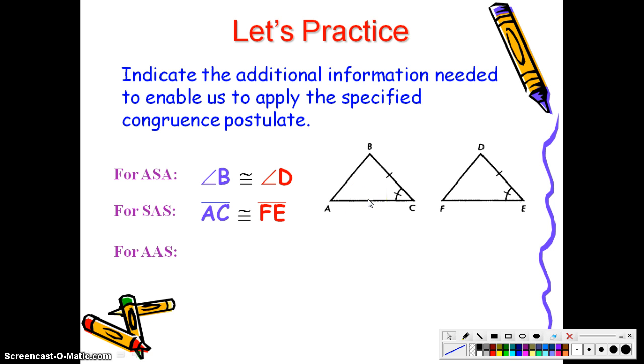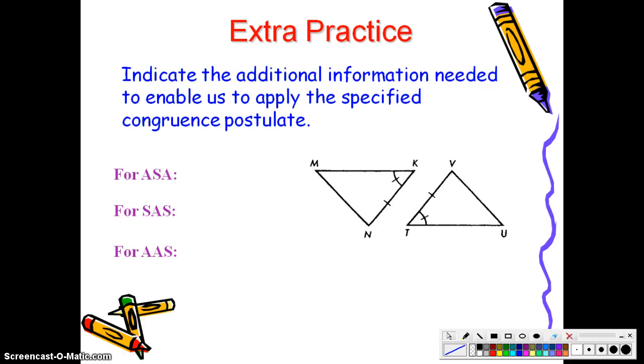For angle, angle, side, now this time the side cannot be in between the 2 angles. Okay, so B would make it between the 2 angles, so I only have one other angle choice left, and that's A. So it would have to be angle A and its corresponding angle F in order to prove these triangles are congruent by angle, angle, side.